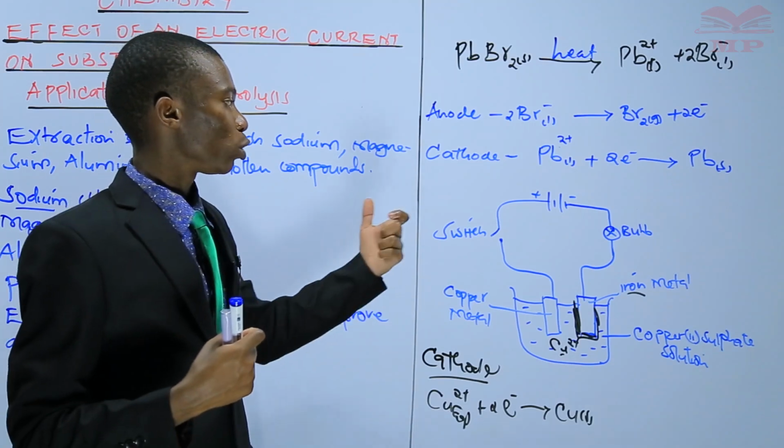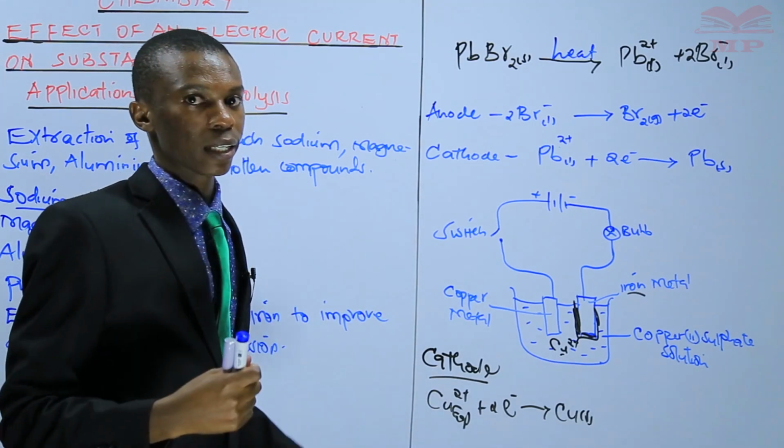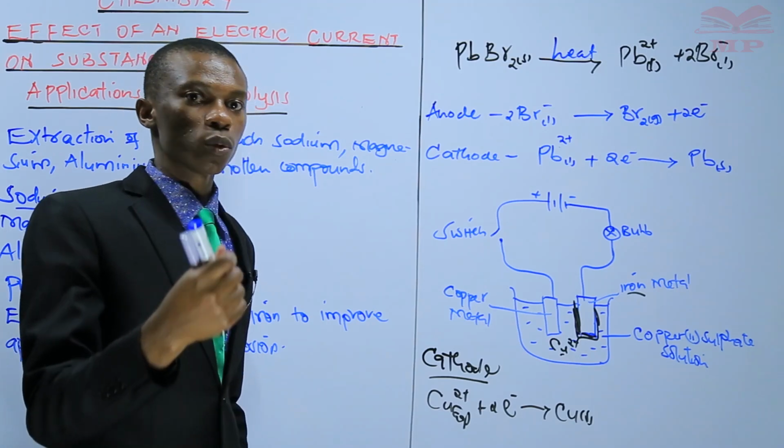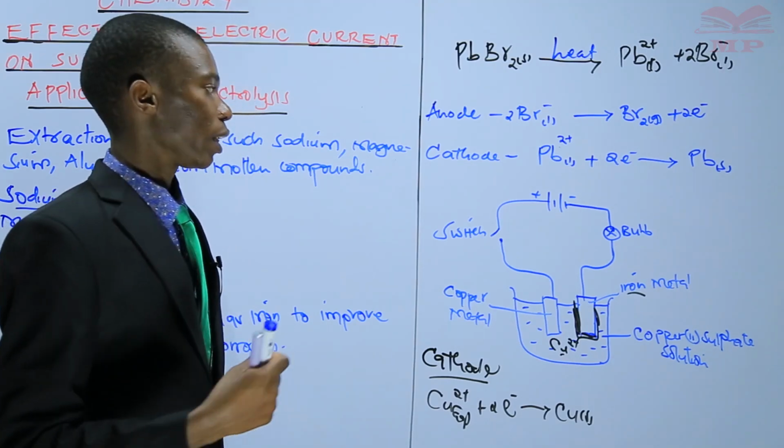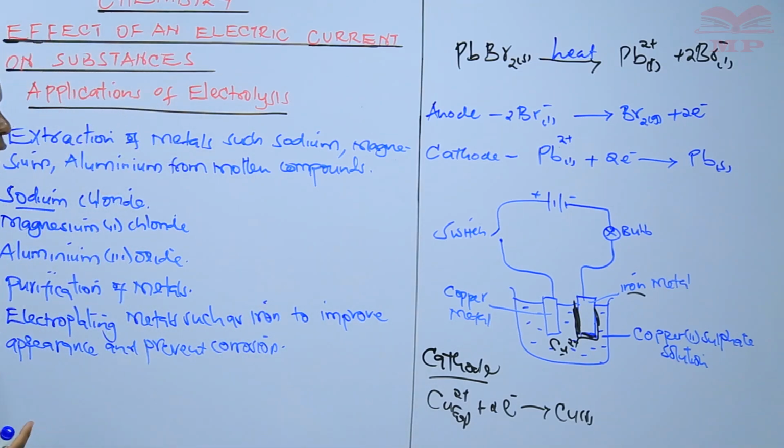That's why you need to coat it with a metal which does not corrode easily when it comes into contact with water and atmospheric oxygen. Therefore, those are the two reasons why you conduct electroplating: to improve the appearance, making substances more attractive, and preventing corrosion.